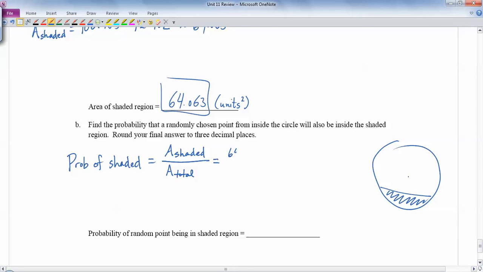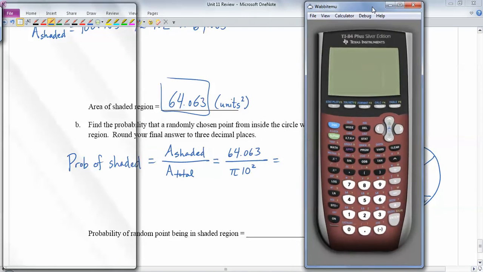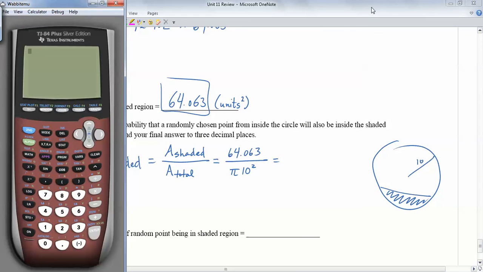So that's the 64.063. The total area is the area of a circle with the radius of 10. So the area of the circle is pi 10 squared. Now, when you plug this into your calculator, you have to be a little bit careful. So I'll show you here what a common mistake is. A lot of students end up running 64.063 divided by pi 10 squared.